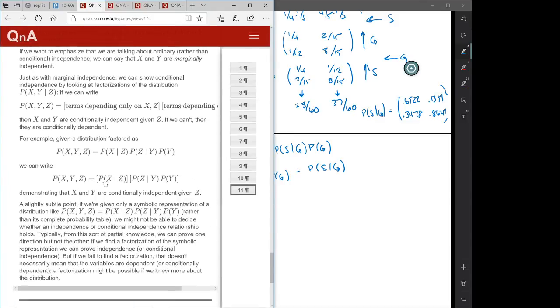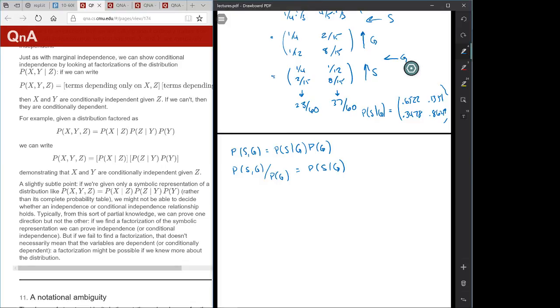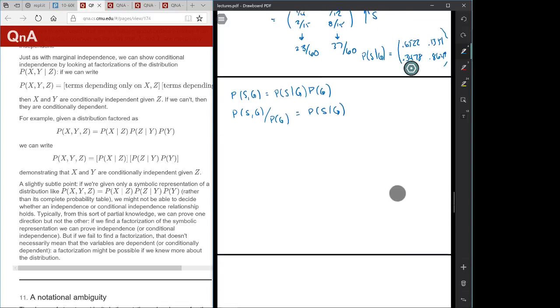I want to next go ahead and give a slightly longer example of using Bayes' rule. I'm going to do it in pictures. Right.